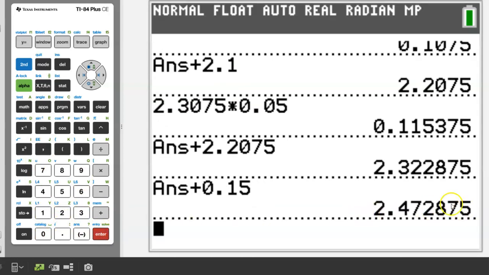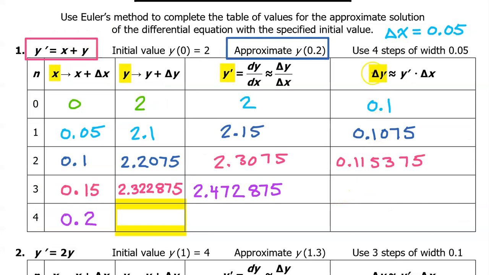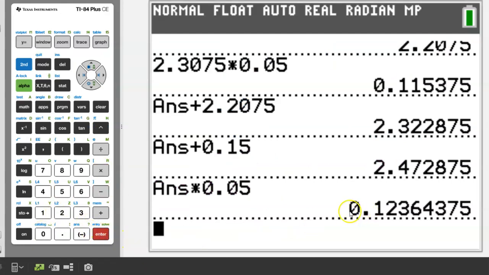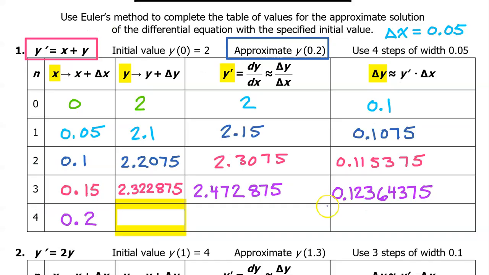Write it down. Next, we get delta y by multiplying y prime times delta x. So we need to multiply this number times 0.05. This number is already in the calculator, so we will just go times 0.05. Kabam! This number.